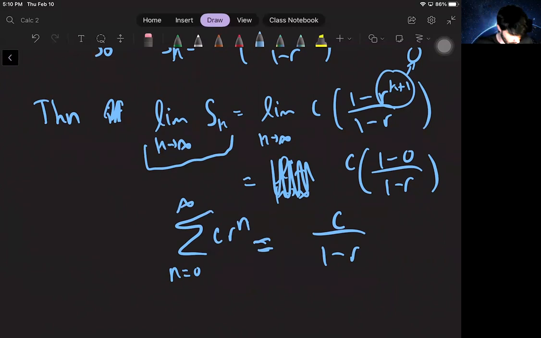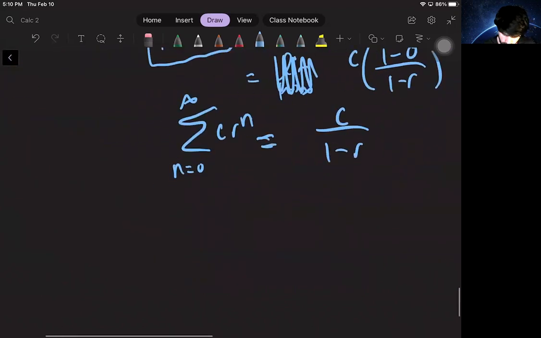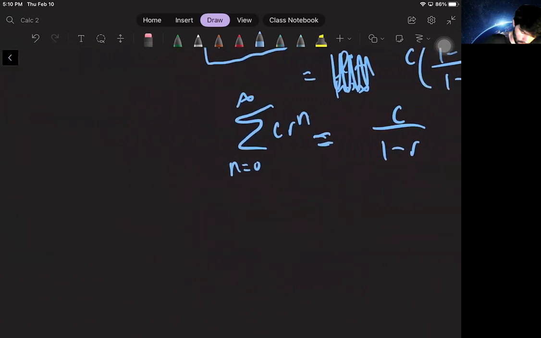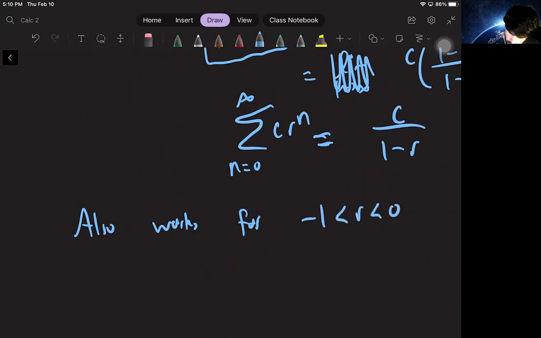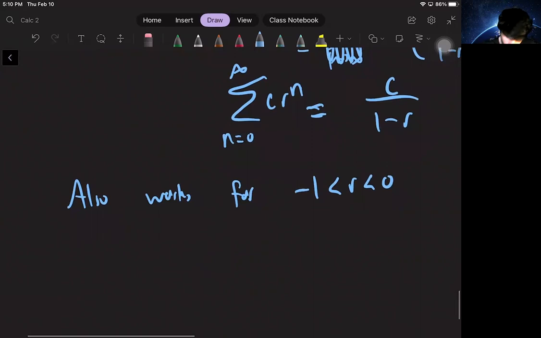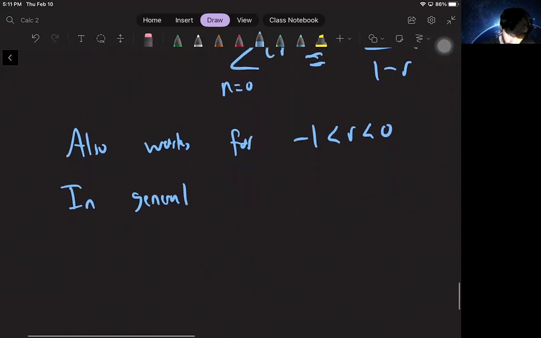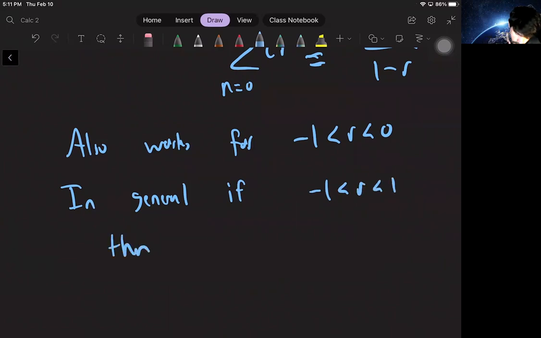Okay, so this also works for negative values. You can do the same type of thing. So if you have negative fractions, it works too. So in general, we could just say that if your r is between 1 and -1, then your geometric series will definitely converge, and specifically it'll converge to this thing.